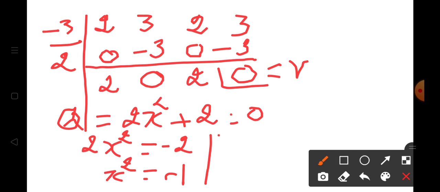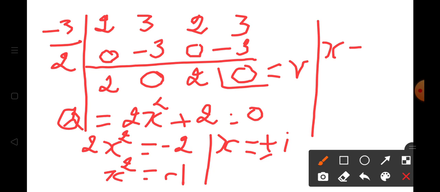Then x equal to plus or minus i. Already we found x equal to minus 3 by 2. Just now we found plus i and minus i. Now our cubic equation gets 3 roots, that is minus 3 by 2, plus i, minus i. Students, do you understand this sum? Okay. Thank you.